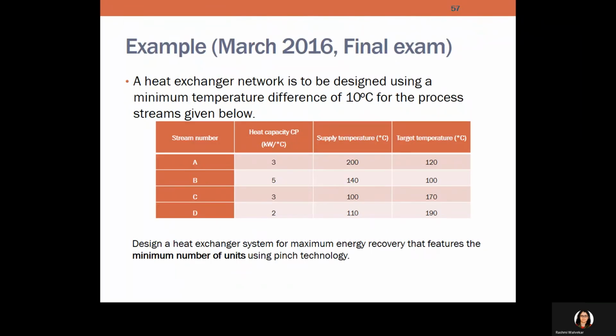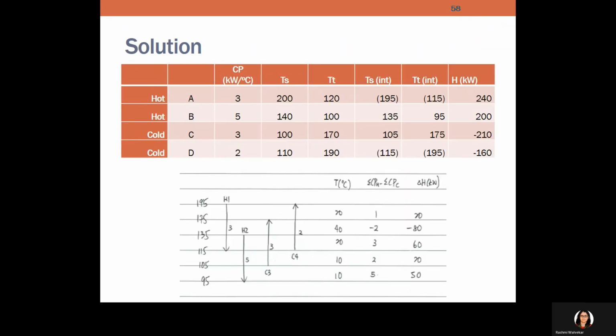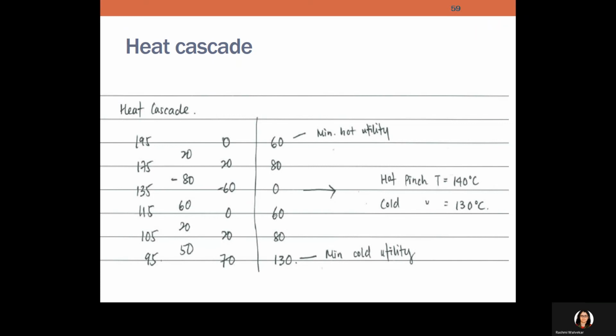You can do another example. This was in the March 2016 final exam, and I think you can solve this question by yourself. You need to first start with the grid diagram, then the cascade diagram, and obtain your hot pinch, cold pinch, and then the minimum hot utility and cold utility requirements.